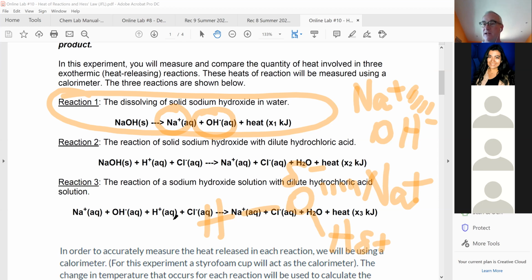So the sodium is going to be interacting with the slightly negative part of water, while the hydroxide ion is going to be interacting with the slightly positive part of the water, which is the hydrogen. And that's a very special kind of bond called a hydrogen bond that we're going to introduce you to. So we're breaking an ionic bond, and we're forming both hydrogen bonds and ion dipole bonds.